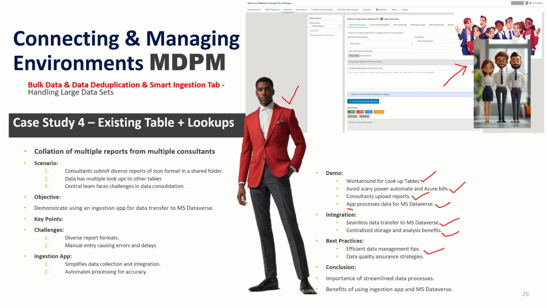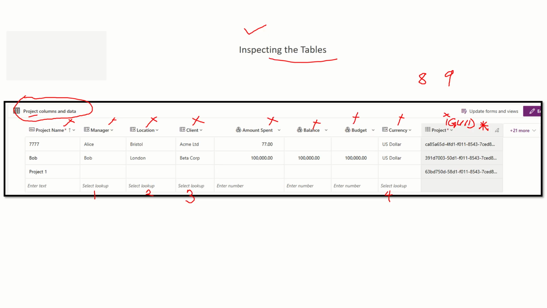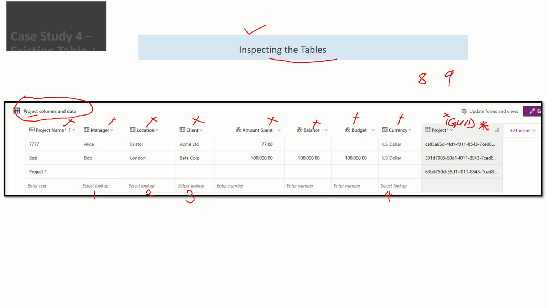So, ladies and gentlemen, the next bit here, I am going to quickly show you the tables. I'm not going to be too detailed in this particular video, as I've covered it already in case study 3. You can go back and understand the data that we have, but here is a quick view of what we have in front of you.